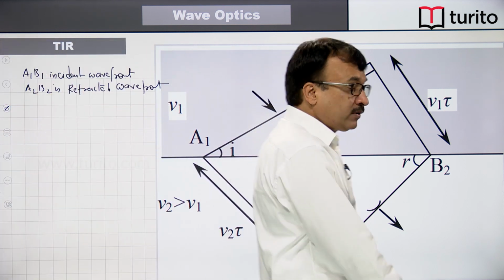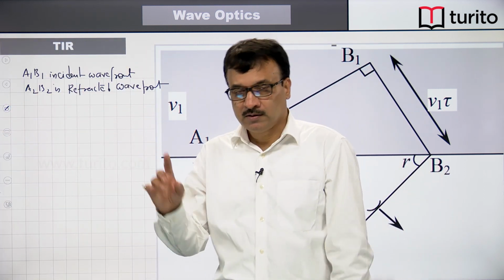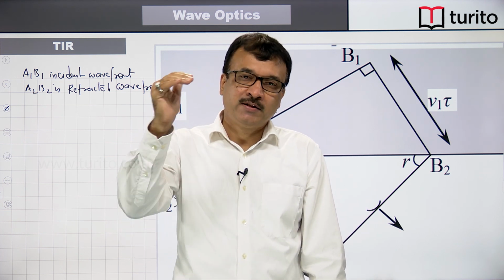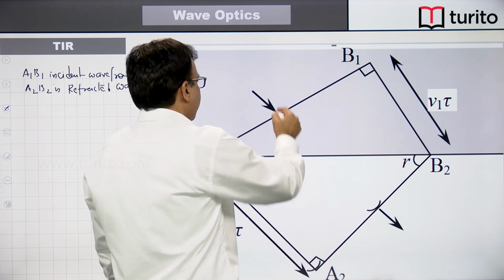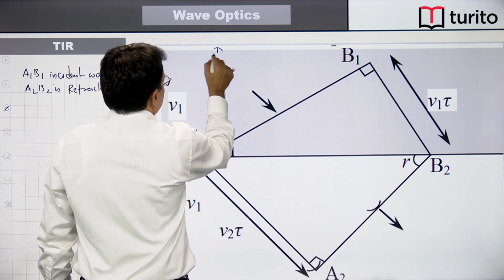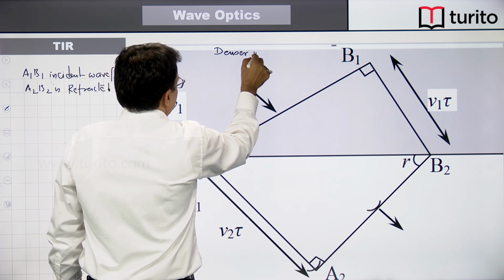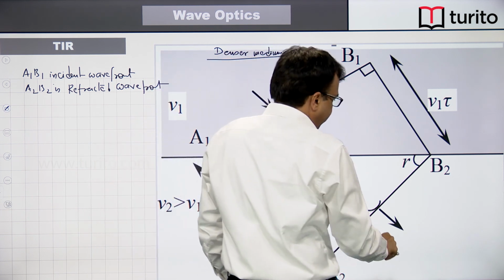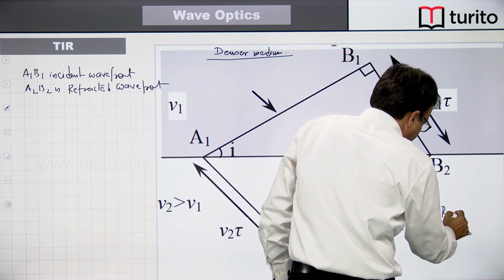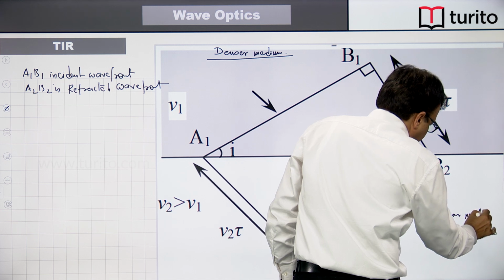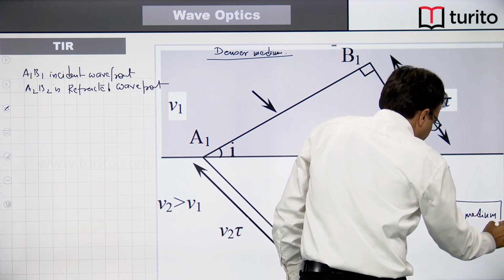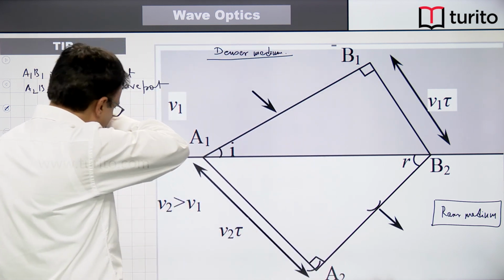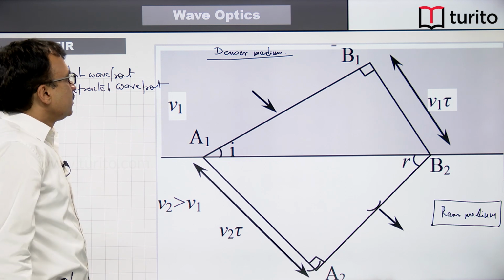We know that TIR happens if a ray of light is travelling from a denser medium to a rarer medium. So this medium I am taking as denser. This medium is a denser medium, and this is the rarer medium.